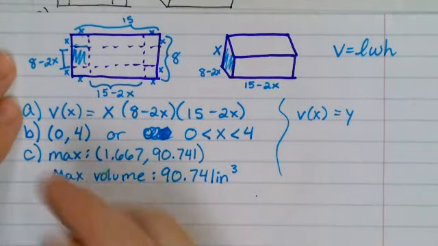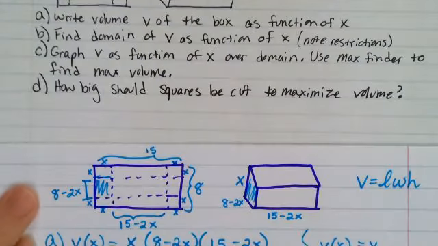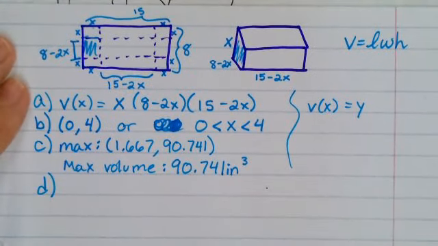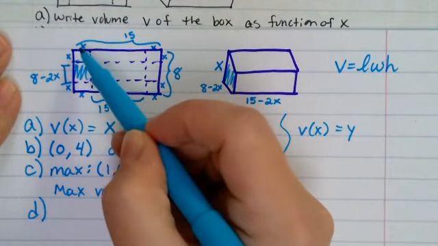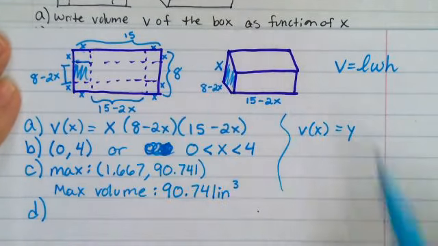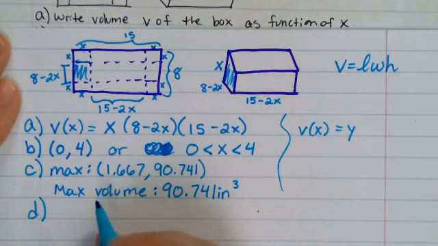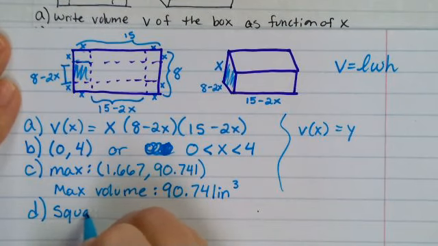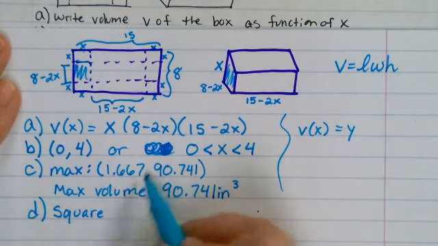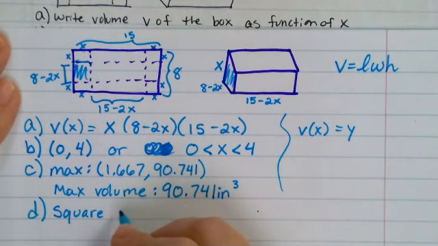All right, part D, last bit. How big should the squares be cut to maximize the volume? Guys, what value talks about the side length of the square? That's x. So when they ask what dimension the square should be, that square should be that x value from that max point.